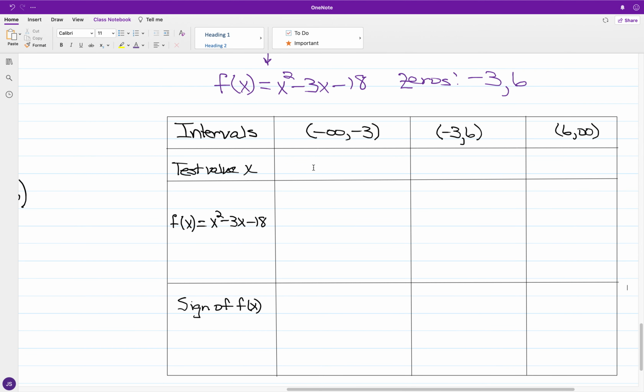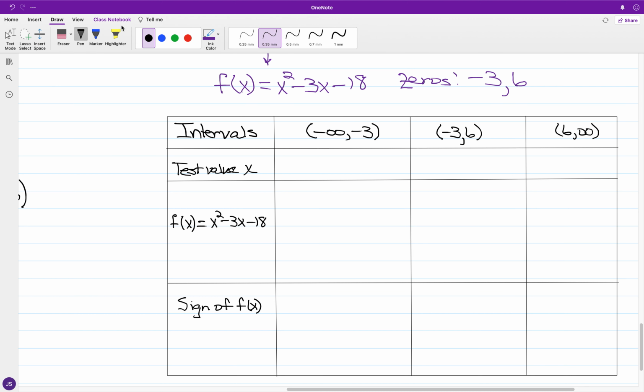Okay, so for the first test value, we can select anything that is less than -3. So it's going to be a value that is more highly negative than -3. We can go with -5. So if I test out -5, we have f of -5, just replacing x with -5.